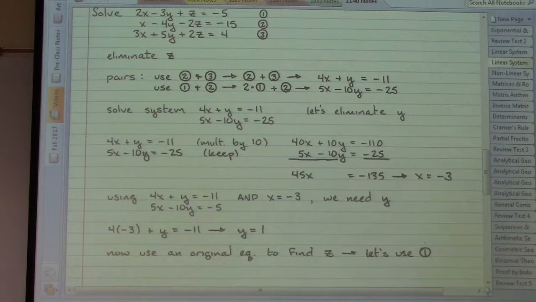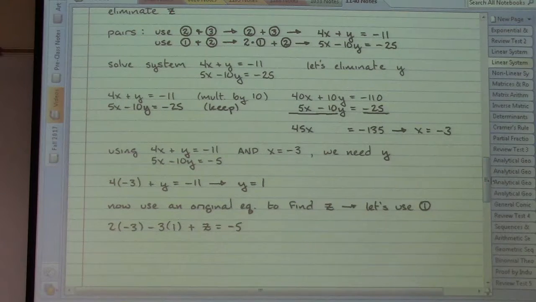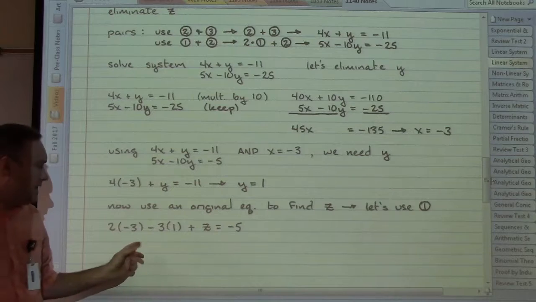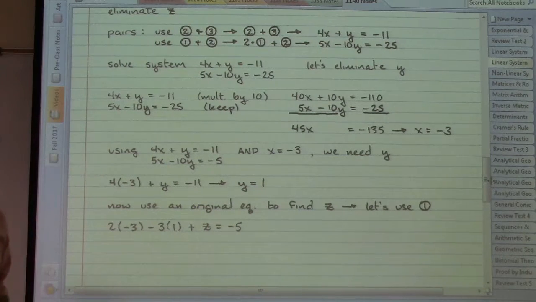So we're going to squeeze this down here at the bottom for just a moment. 2 times, we think x is a negative 3, minus 3 times, we think y is 1, plus z equals negative 5. So give us a little bit of room there on that. 2 times negative 3, negative 6. 3 times 1, 3.